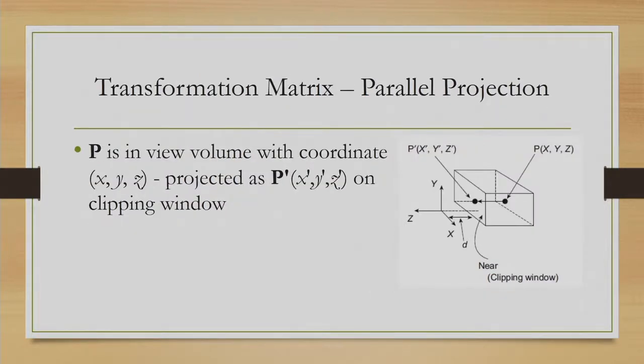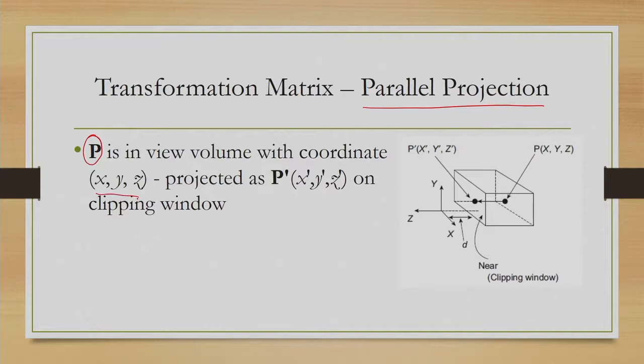So, with this knowledge of the view volume, let us try to understand the projection transformation matrices for the two types of projection. Let us start with the parallel projection. So, in this case, let us consider a point P which is in the view volume with coordinates x, y, z.